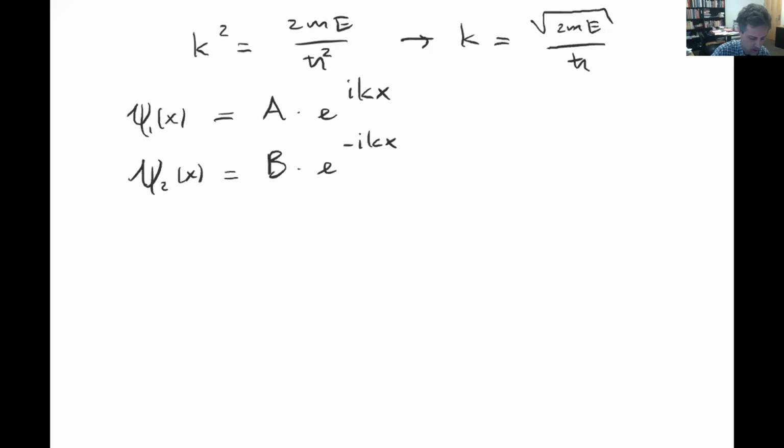Okay, so in general, this is a general solution of the Schrödinger equation. I just add these two up. And this sum is also a solution of the Schrödinger equation. Why? Because these two k's, negative k and positive k, both give the same eigenvalue, okay? The same solution.